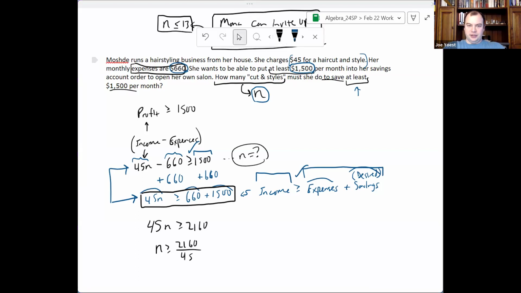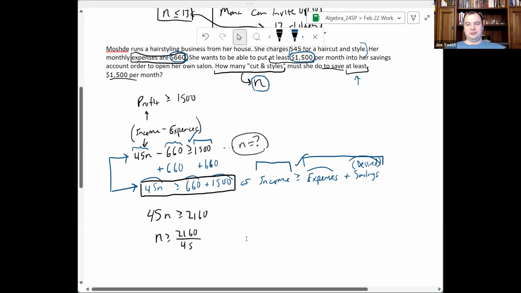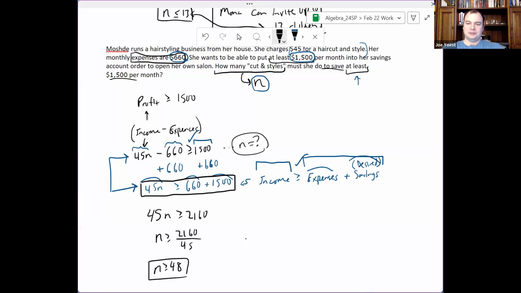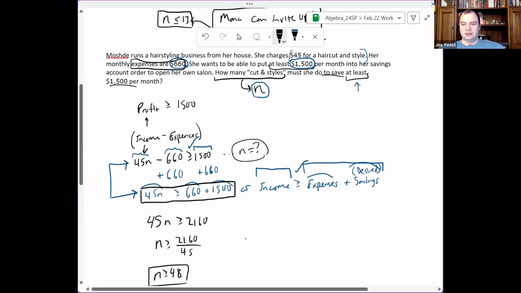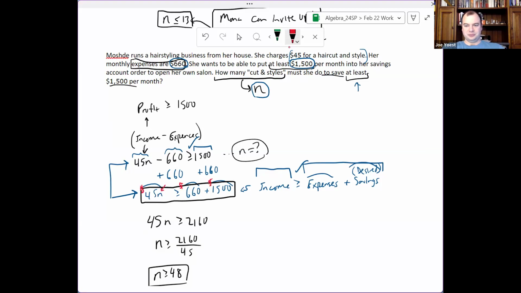And going over to the calculator, this gives me 48. Note that the units on this right-hand side are in dollars, 45 is in dollars, N is a counting number. My units of dollars divide out as I would expect, giving me a counting number for N, a number of haircut and styles of 48.